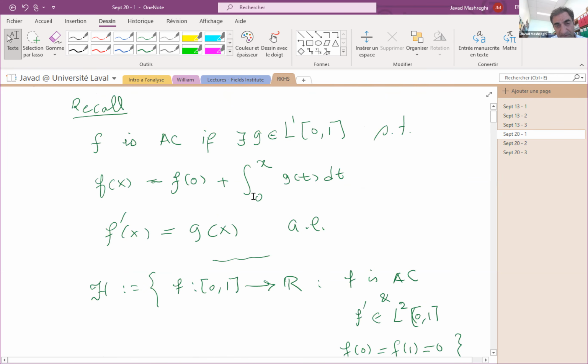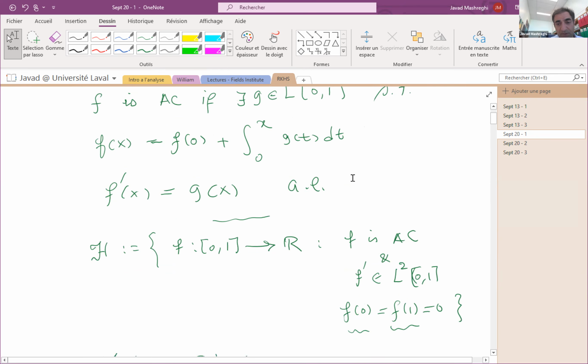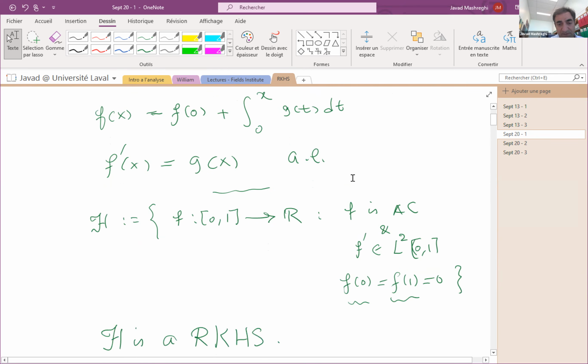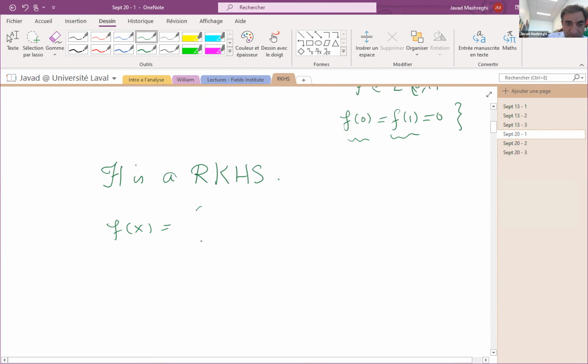So one of them is the integral from 0 to x of g(t) dt, or f prime(t) dt; both are correct. And since f(1) is also 0, the other one is the integral from x to 1 of f prime(t) dt, with a minus sign here, because f(1) is also equal to 0.